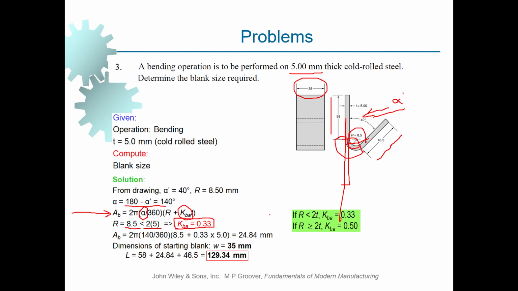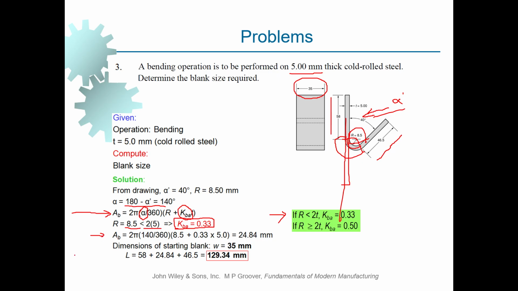R is smaller than 2 times the thickness, and then KBA will be equal to 0.33. Now we have got everything to be able to compute the length of the bend angle. We substitute all the parameters, and then what we get is AB, and that is equal to 24.84.